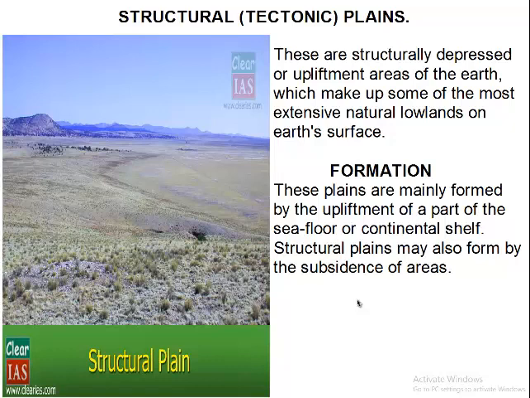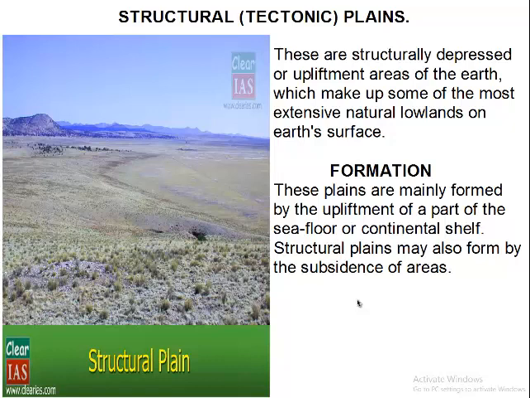Let's look at how they are formed. These plains are formed mainly by the upliftment of a part of the sea floor or the continental shelf. It may also be formed by the subsidence of areas. That is, when a part of the earth is depressed or moved down, plains can also form.